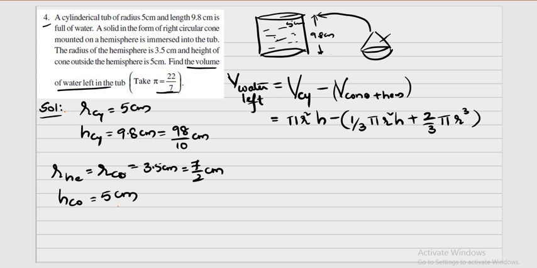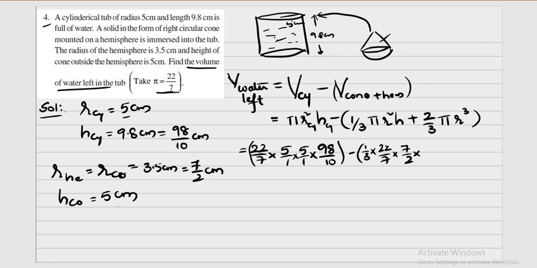Okay, now to find the values, we need to substitute. Pi is 22/7 into, what is the radius here? Radius of cylinder first. These all are the things of cylinder. So 5/1 into 5/1 into, what is height of cylinder? Height of cylinder is 98/10. Minus 1/3 into 22/7 into, what is radius of cone here?